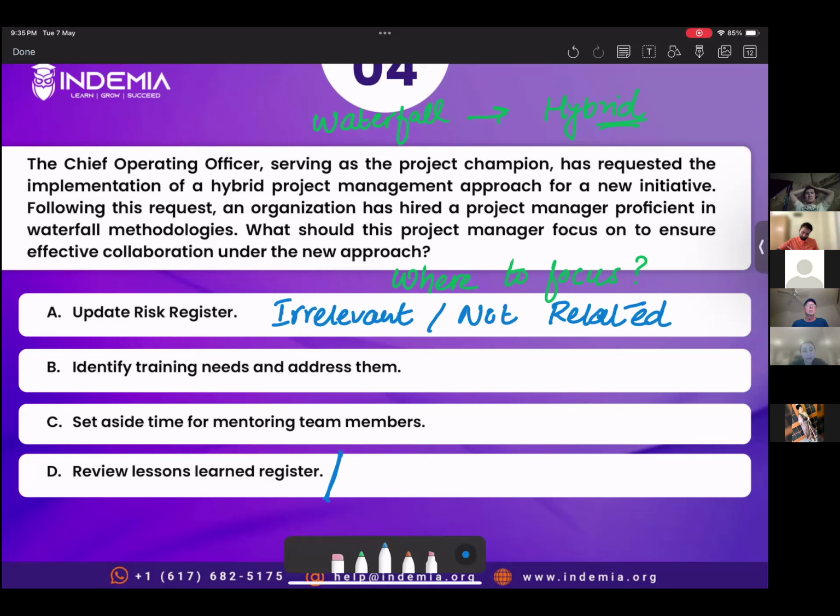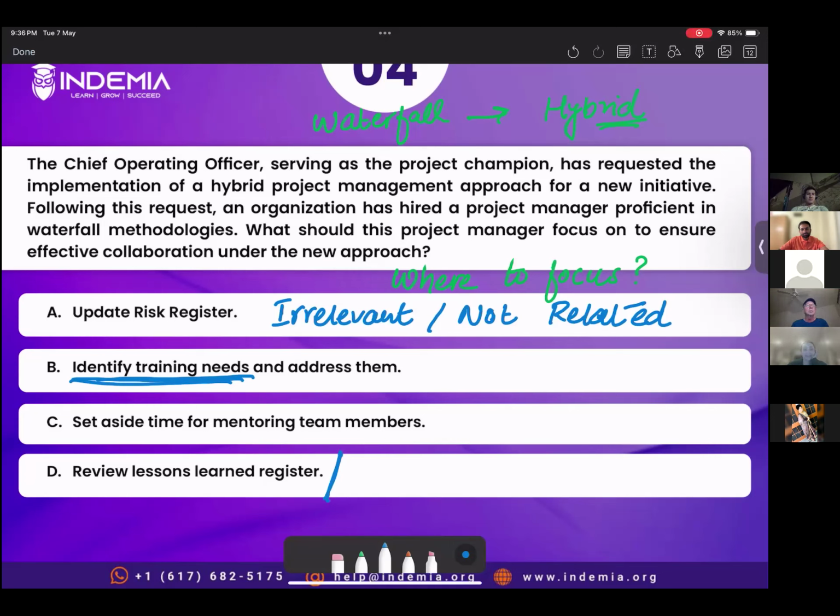Then I said, since we're talking about a hybrid, you can look at your risk register and learn how they were used in the past. But then I thought identifying the training and the gap was the right answer here. I was between B and D, so I crossed out A and C. All right. Thank you.